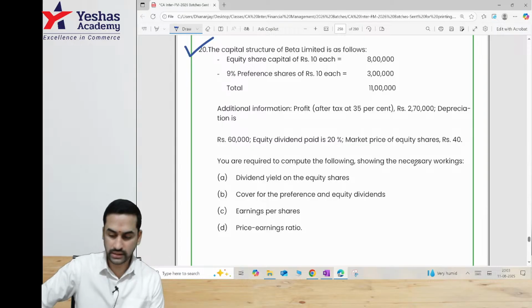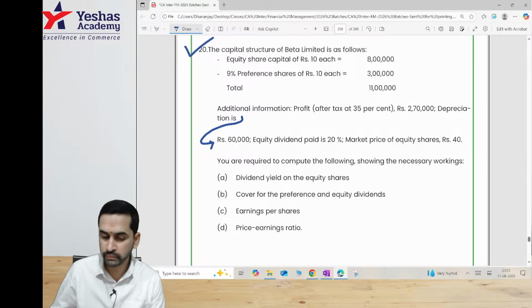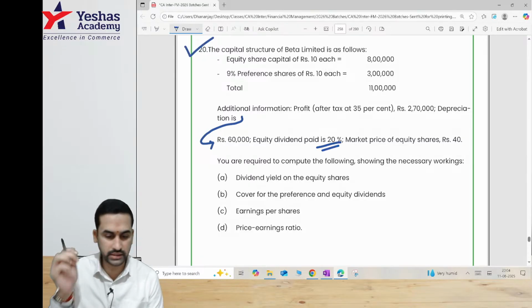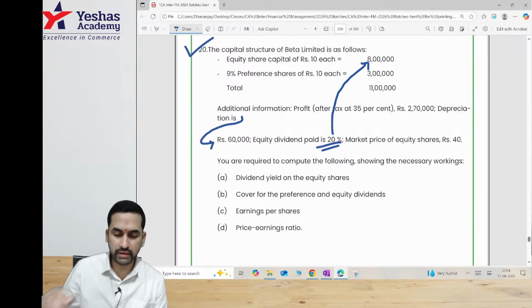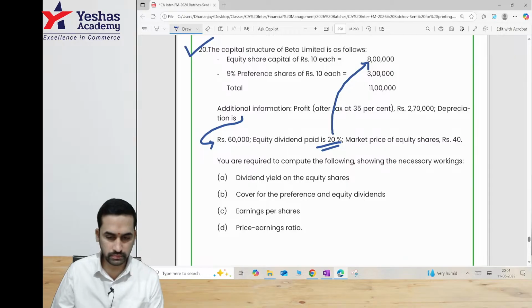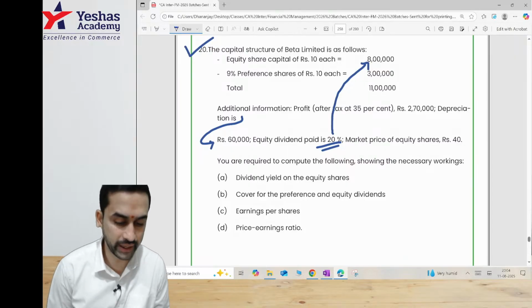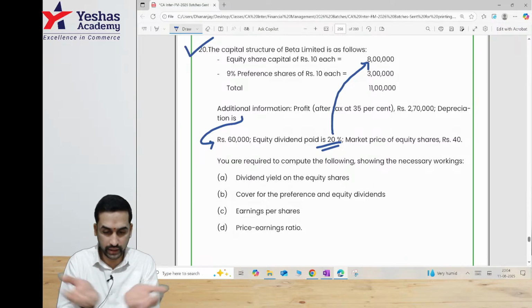Depreciation is 60,000. Equity dividend is 20%. Whenever you see like this, equity dividend is always paid on par. 8 lakh rupee into 20%, that will be 1,60,000 total equity dividend.